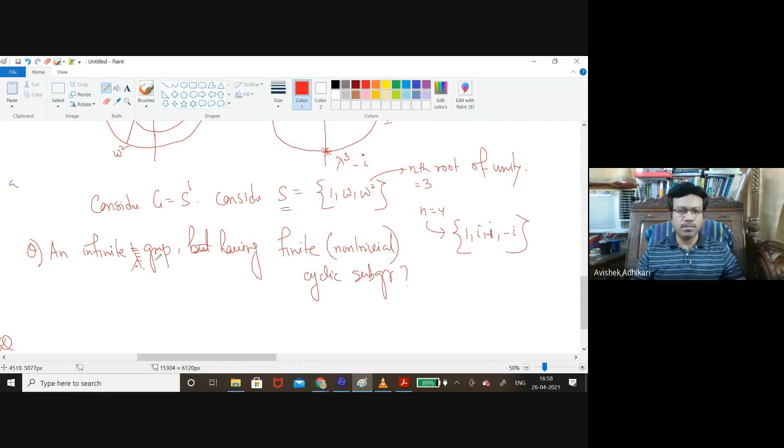Can you give an example? The group is infinite but has a finite non-trivial cyclic subgroup, because E is a trivial cyclic group. It's generated by E itself, right? So E is generated by E. So this is a trivial cyclic group. Can anybody tell me any infinite group having a finite cyclic subgroup which is non-trivial? Somebody quickly.